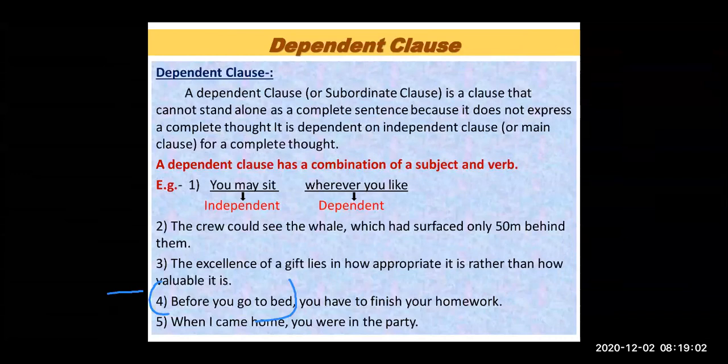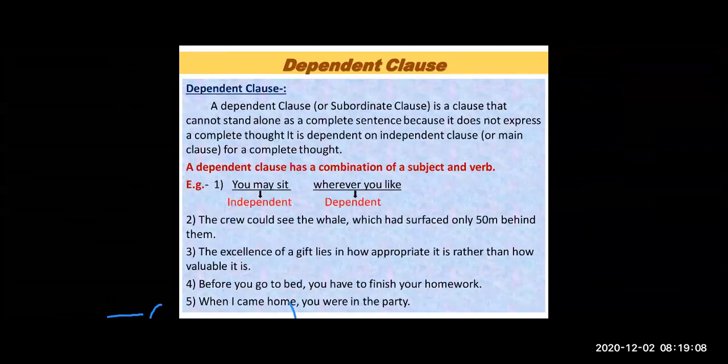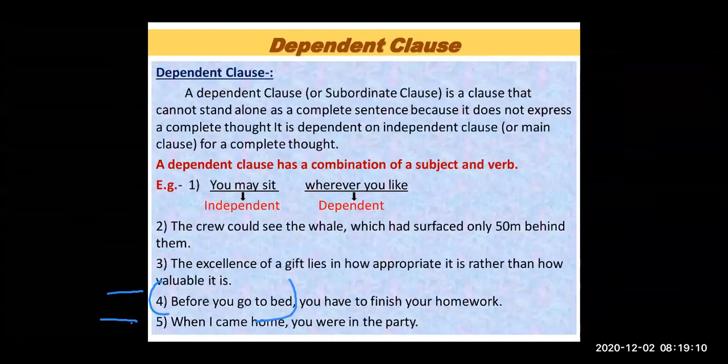When I come home, you were in the party. Now, see the fifth one: when I came home, you were in the party. Now, when I came home, what had happened?